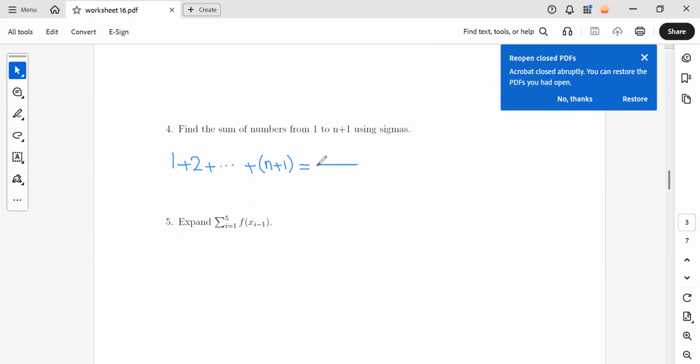So again, following the formula, the last one, which is n plus 1, times the last one plus 1, which means n plus 1 over 2. Altogether, if you simplify, you would get n plus 1 times n plus 2 over 2, which means n squared plus 3n plus 2 over 2.